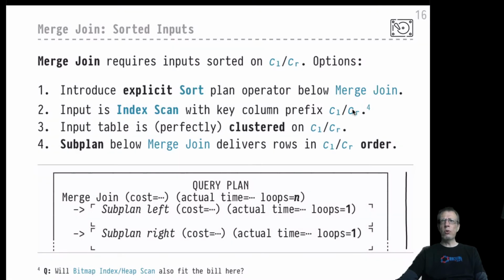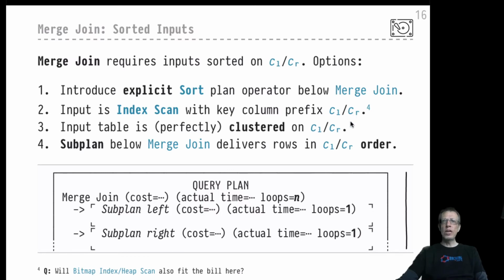So we would need an ordered index that is organized according to the join columns, either on the left hand or right hand side, or maybe on both inputs. That would be ideal and perfect. So in this case, the index scan would be used to just exploit the order, not to evaluate conditions here. Okay.